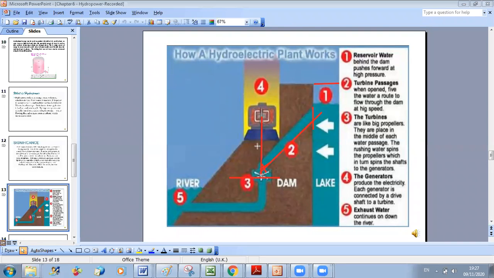The rushing water will spin the propellers, which will turn the shafts and the generators, which will produce electricity. The generator produces the electricity, and each generator is connected by a drive shaft to a turbine. And finally, water should be exhausted. So here you have the outlet from here. It can go back to the river.